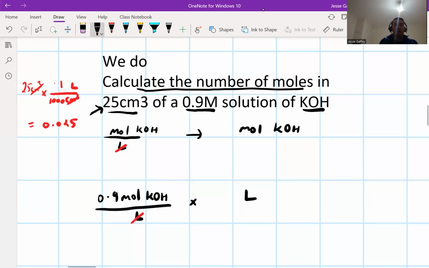And some of you may be able to do that in your head. So 0.025 liters. So let's go ahead and work out how many moles we have. Of course, our liters have cancelled now, and we're left with moles of KOH, which is what we wanted. How many moles? Equals some amount of moles of KOH. Let's pause the video and work that out now.